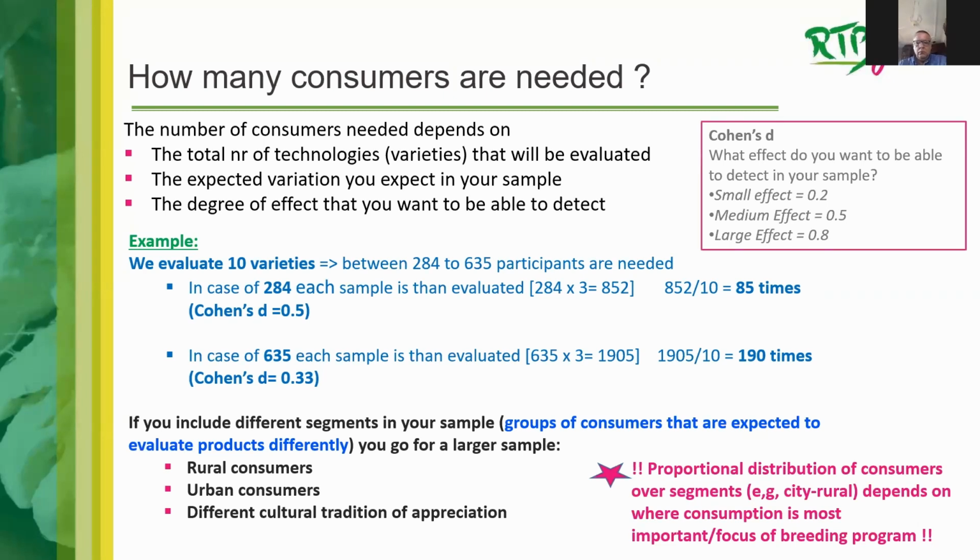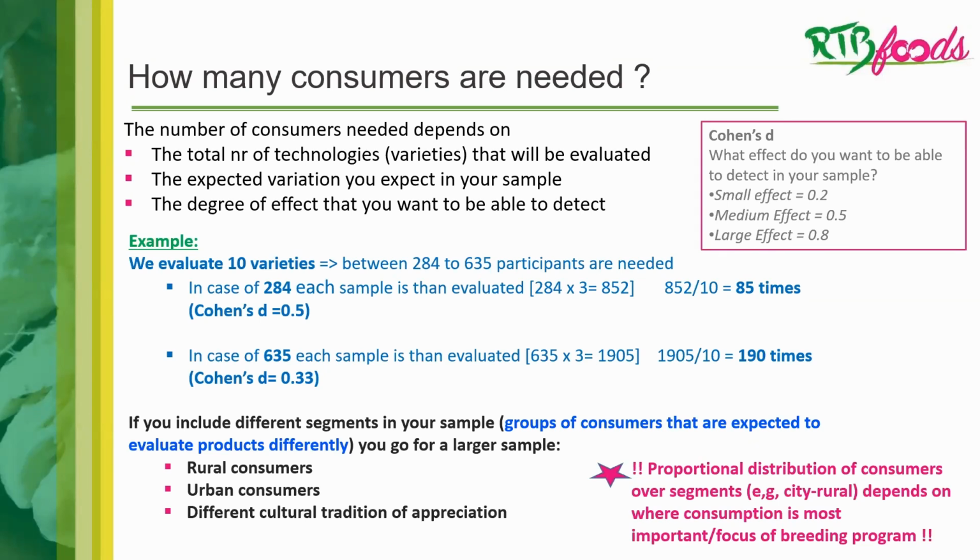If you want to include different segments, between city and rural population for example, it's really advisable that you increase those numbers, because you get higher statistical power to look, for example, at only the city population, or only at a specific ethnic group and what they like. So then you can increase your effect size, and then you will need more participants.